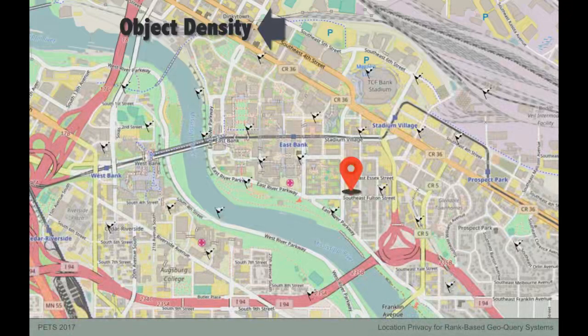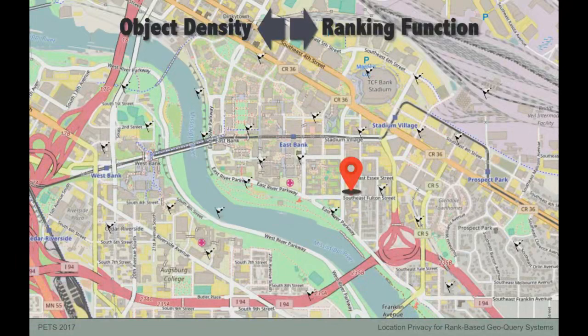But then there is another factor that goes into retrieving this result set, which is the ranking function. And remember, the ranking function is not made up of only distance. It is also made up of what we call prominence factors. Okay? So other things are used along with the distance.